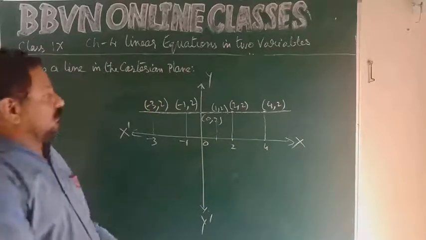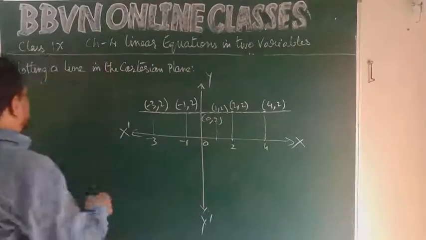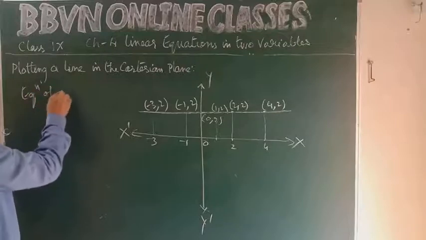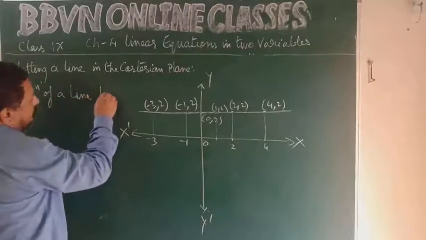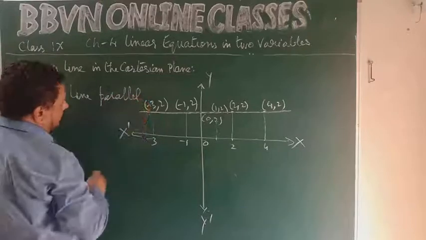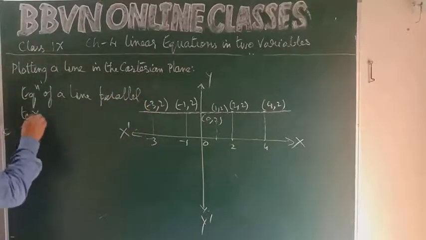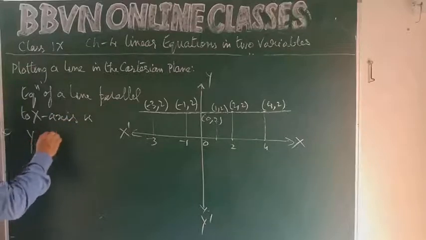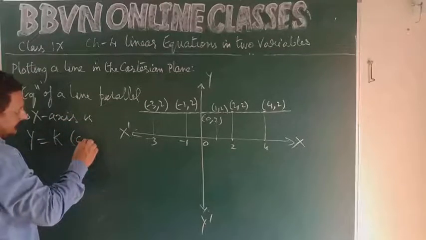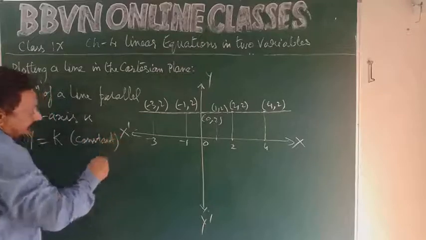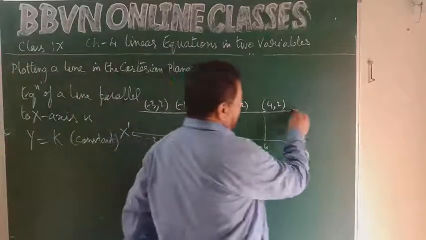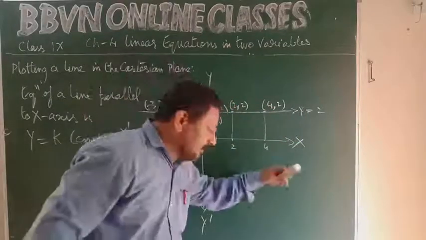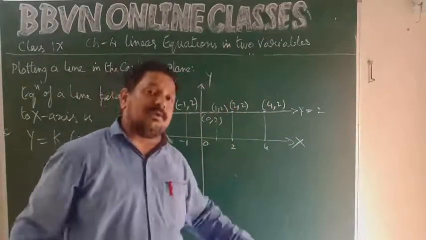So the equation of a line parallel to x-axis is always in the form y equal to k, where k is a constant. Like here it is y equal to 2. It can be y equal to 1, y equal to minus 1, y equal to minus 2, y equal to minus 3.